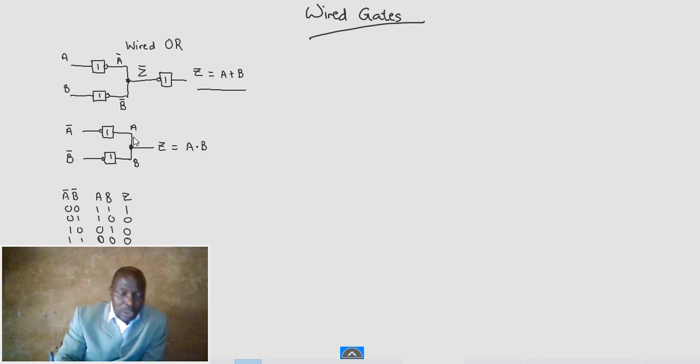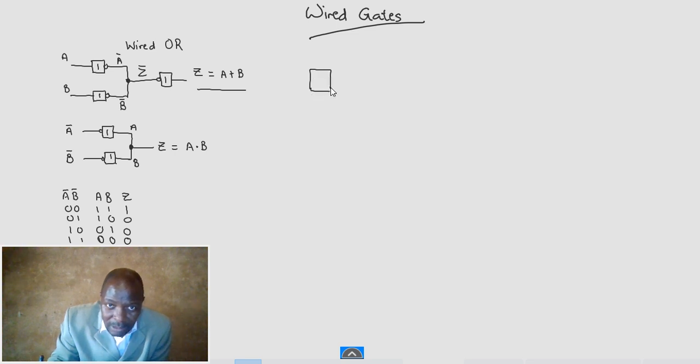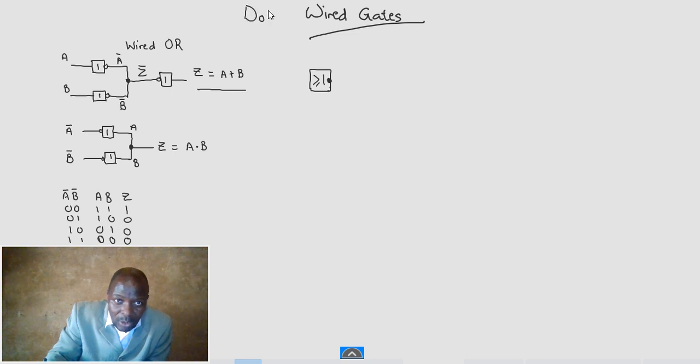All right. So if we look at the wired gate, we have a symbol for the OR gate, and normally the symbol for the OR gate is what? A greater than or equal to sign. It's a wired gate, so we also call it dotted gates. We put a dot there. We also call them dot gates or wired gates.